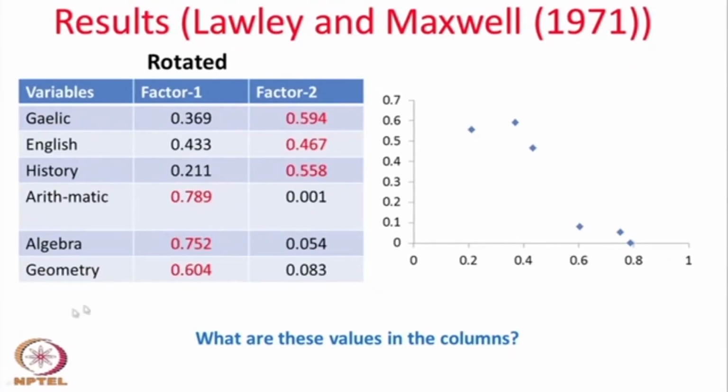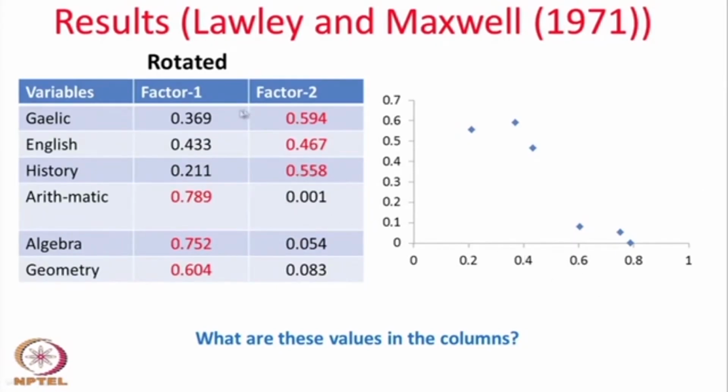So, from the arithmetic, algebra and geometry point of view, you see that under factor 2 they are 0.001, 0.054, 0.083, almost 0 loading, but they are very highly loaded with factor 1: 0.789, 0.752 and 0.603.